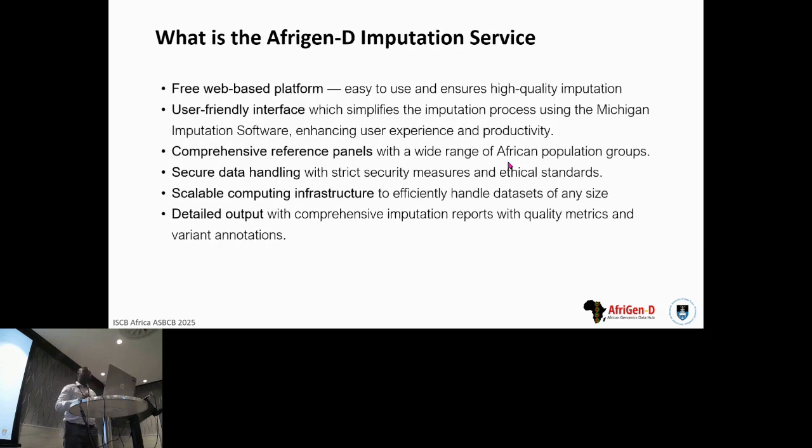So what is the Afrigen-D Imputation Service? It's basically a web-based service application, which means that you can access it from your laptop, giving you a really nice user-friendly interface for you to do genotype imputation. As you could see from the first slide, it looks simple, but genotype imputation is a very complex exercise, and it's also very resource intensive, and it can take days to compute.